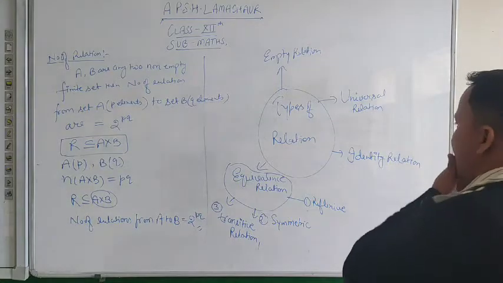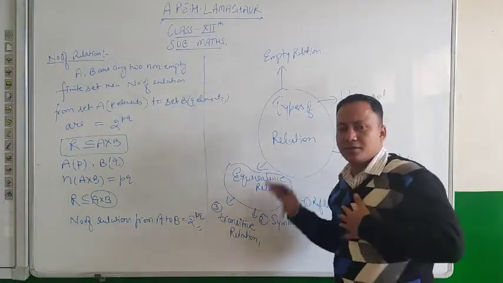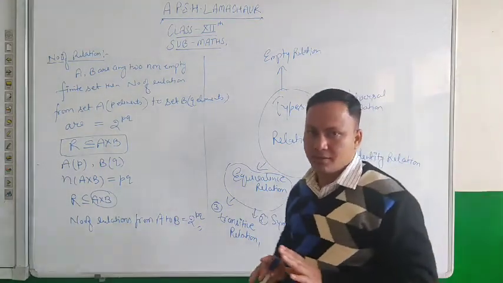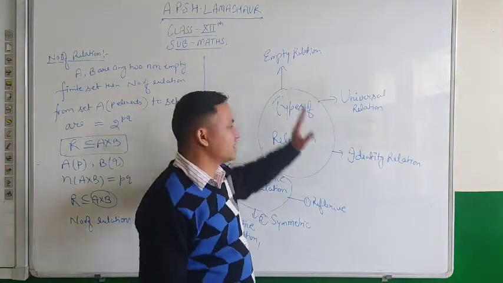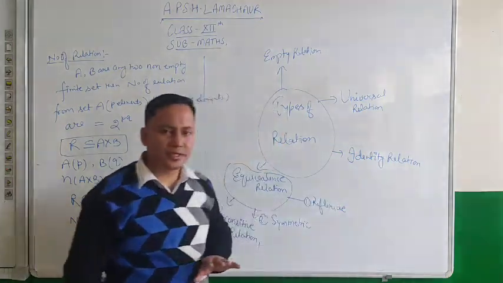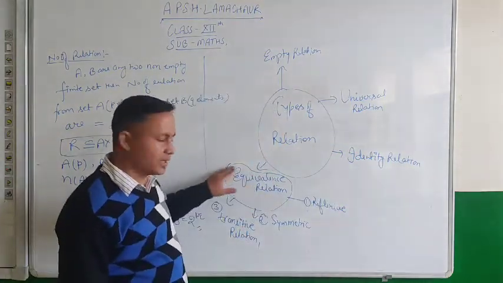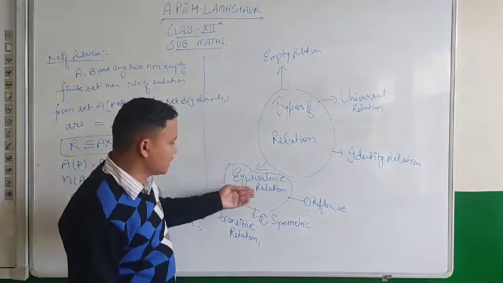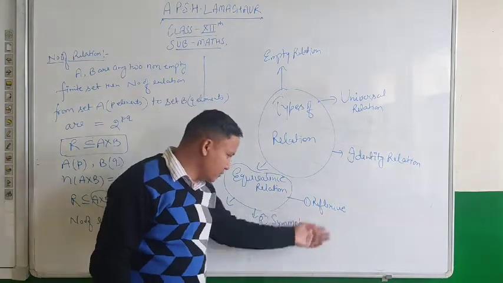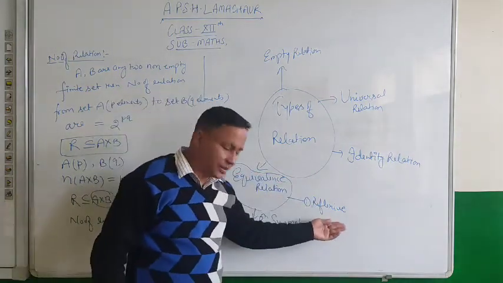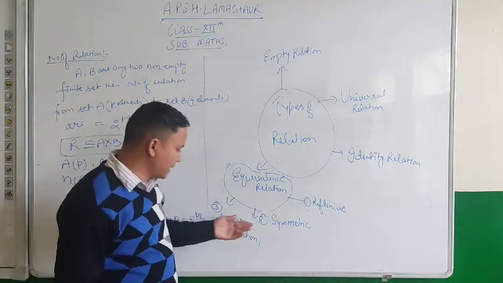Now see students, types of relation. So there are mainly 4 types of relation. The very first is empty relation. The second one is universal relation. The third one is identity relation. And the fourth is equivalence relation. And any relation which is said to be equivalence has to be reflexive as well as symmetric and transitive.